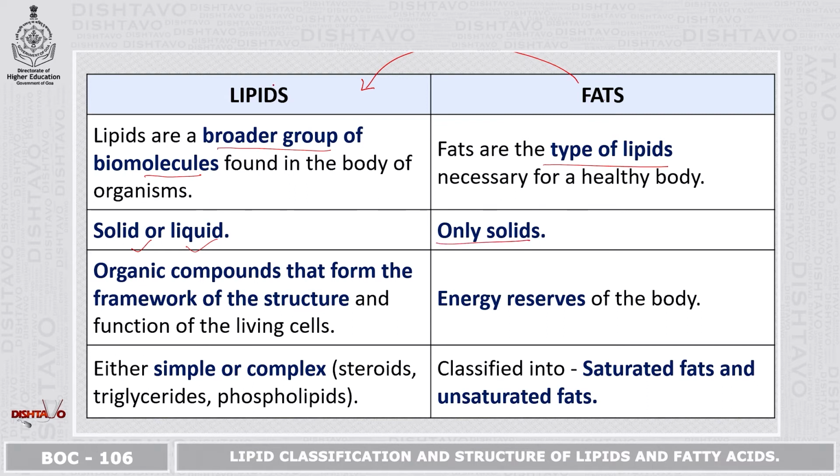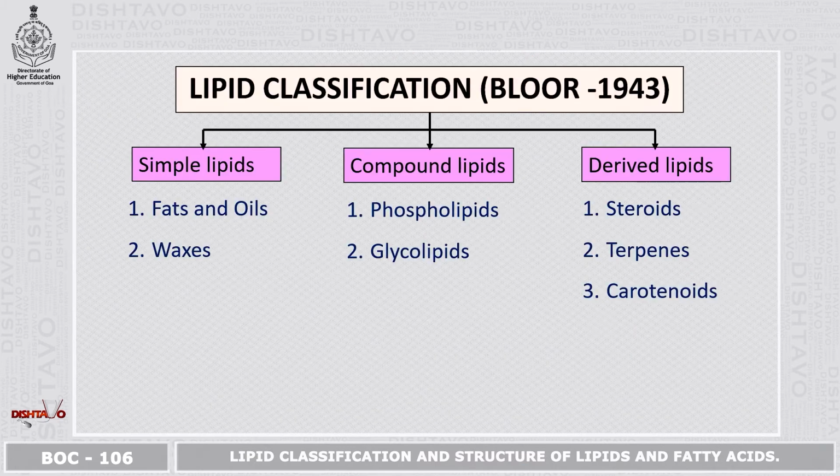Lipids are the organic compounds that form the framework of the structure and function of the living cell, whereas fats are the energy reserves of the body. Lipids can be simple or complex, whereas fats could be saturated or unsaturated.